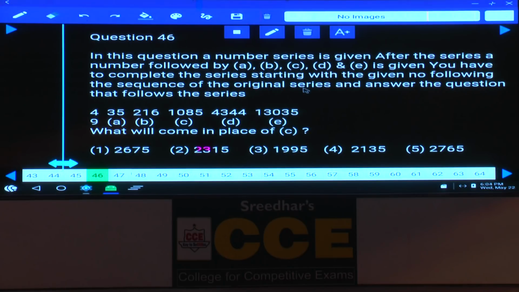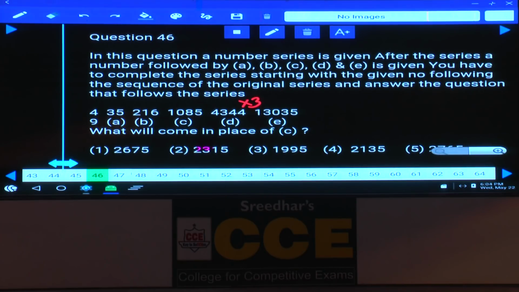In the case of combination, we should always try the highest pair only. Then 4344 and 13,000: this is multiplied by 3, plus 3. Then 1000 and 344.